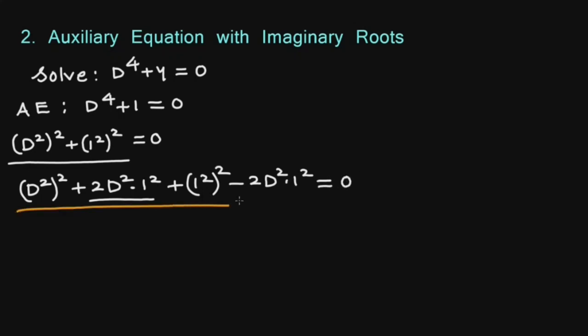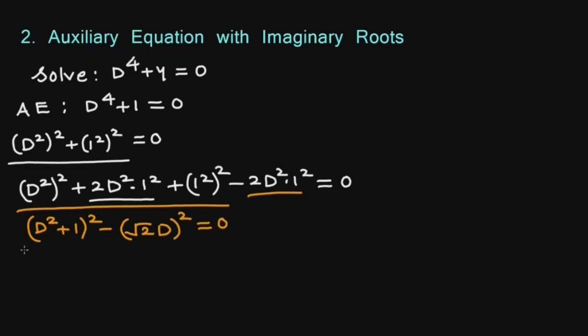This is a perfect square polynomial in D, which can be written as D square plus 1 whole square minus square of root 2 D equals 0.